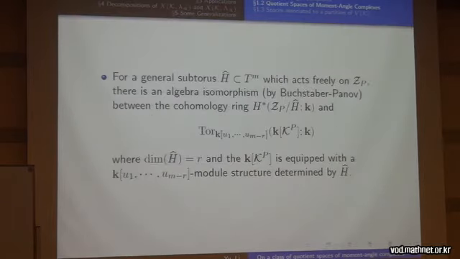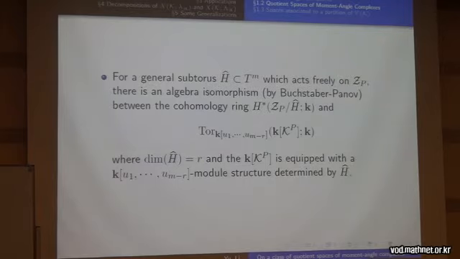Okay. In addition, there's another work on this topic. For a general subtorus of T^m which acts freely on Z_P, Buchstaber and Panov show that there's an algebra isomorphism between the cohomology ring of the quotient space and some Tor algebra.